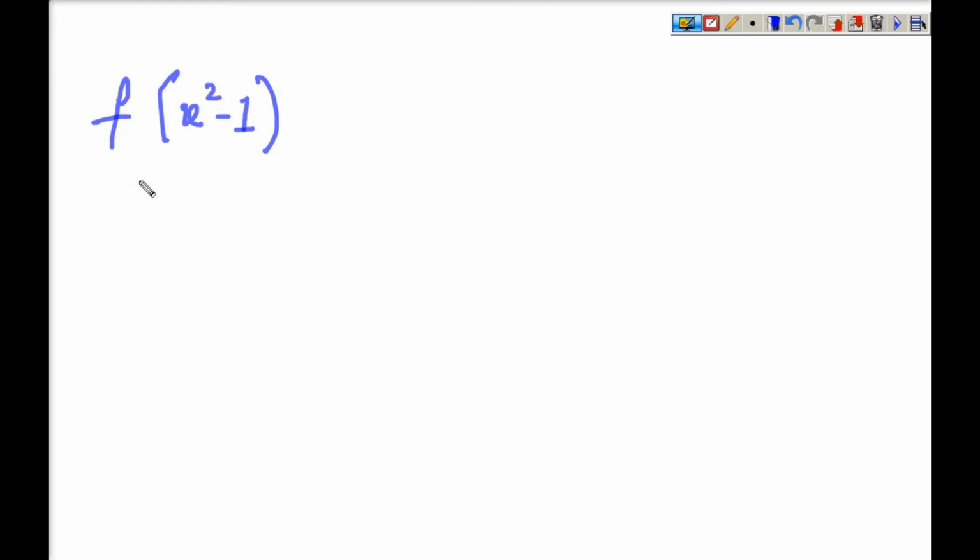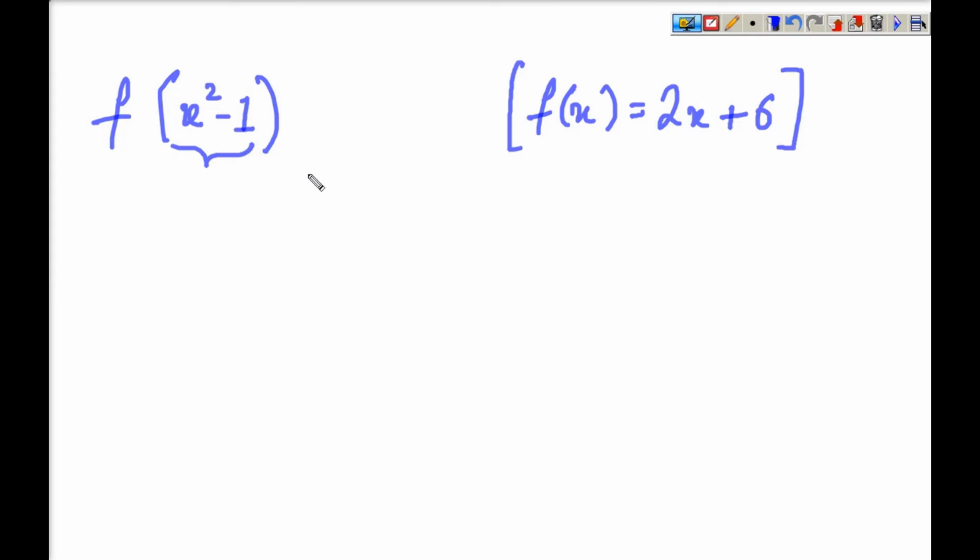Now we need to write the function in terms of function of x. So we know that f of x was given as 2x plus 6. So we simply substitute this value x square minus 1 in place of x, right? Because function of x is given as 2x plus 6. So we substitute the whole of this in x.